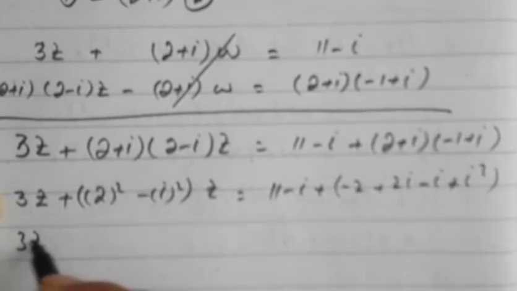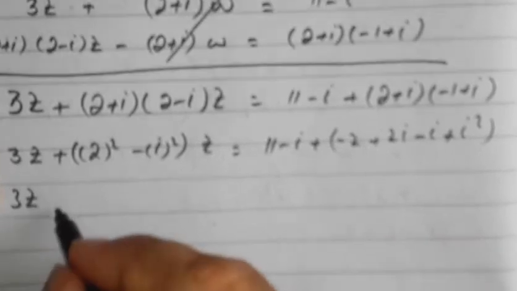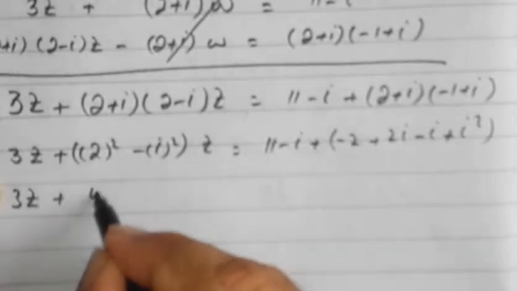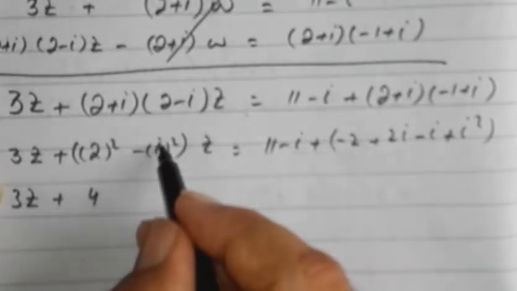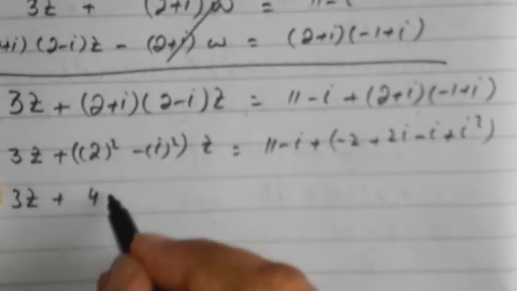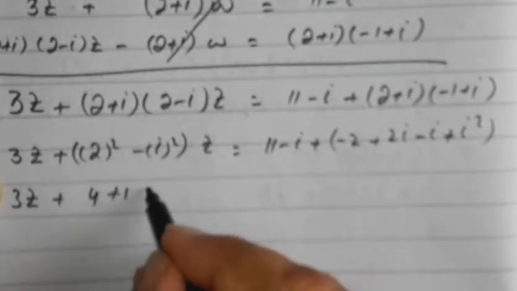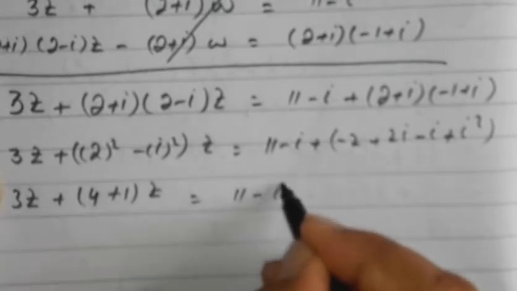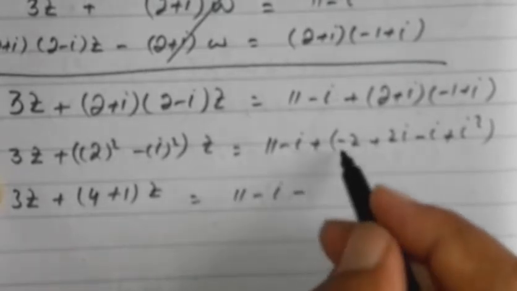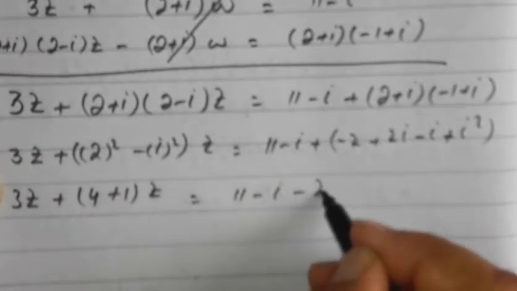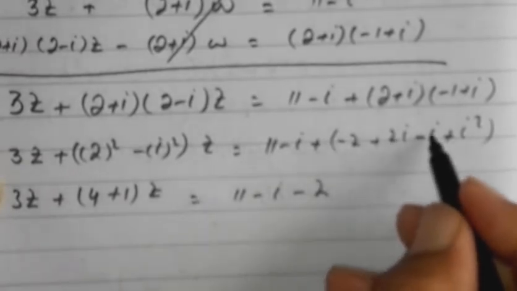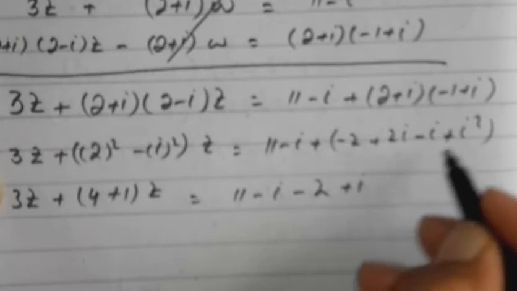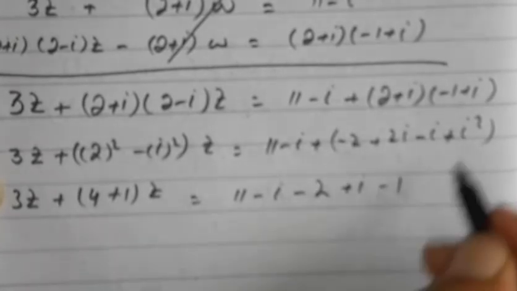Here we can write it as 3z plus the 2 square value is 4 and iota square value is minus 1, so minus into minus we get plus 1 z, and here 11 minus iota, minus into plus minus 2, here 2 iota minus iota we get iota, and iota square value is minus 1.